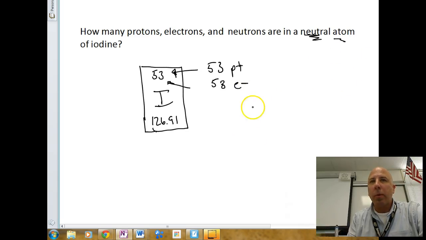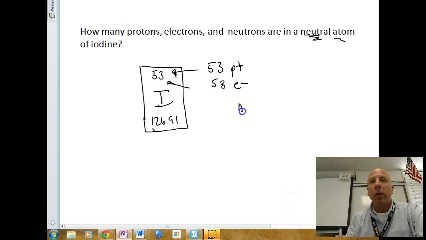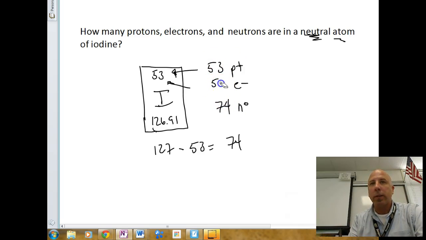And then to calculate the number of neutrons, we're going to round off our average atomic mass, 126.9, which rounds off to 127. And then we're going to subtract 53, the atomic number, and we get 74. So we have 74 neutrons. So 53 protons, 53 electrons, and 74 neutrons is the composition of each iodine atom.